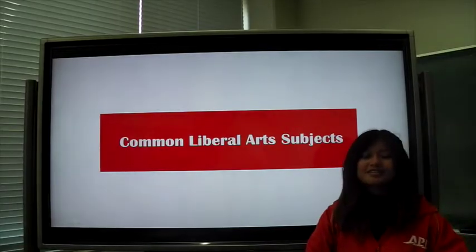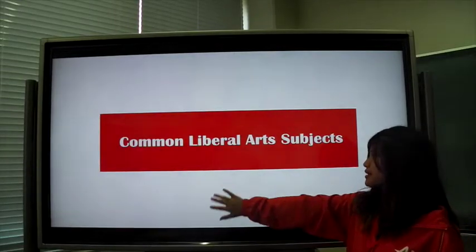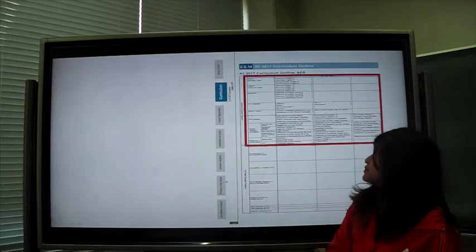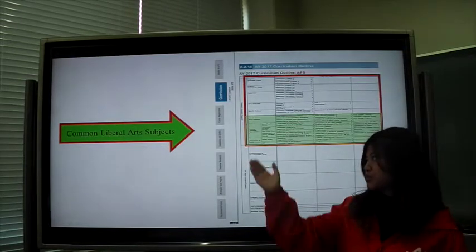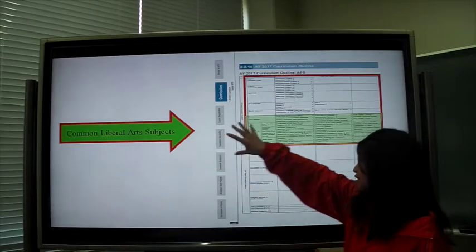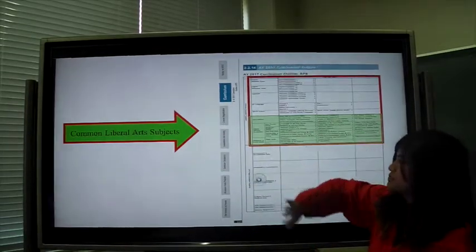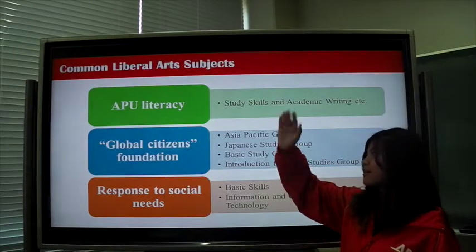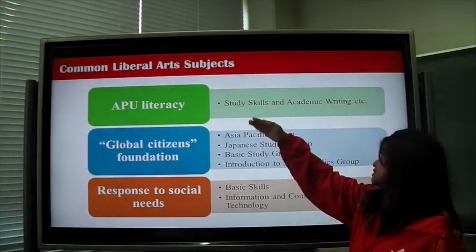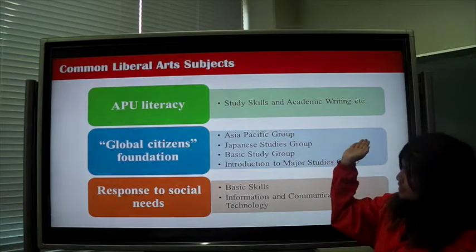Common liberal arts subjects. So after we explain the language, we will move on to the common liberal arts subjects on the lower table. Common liberal arts subjects are divided into 3. First, AP literacy, which is study skills and academic writing.